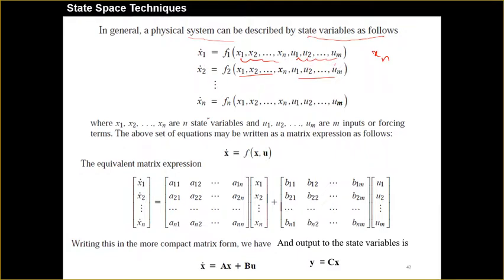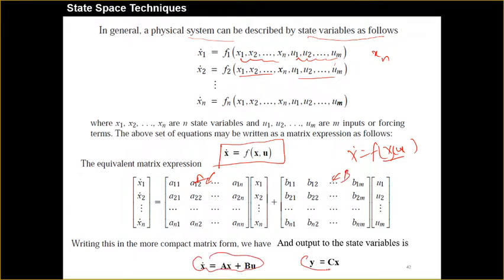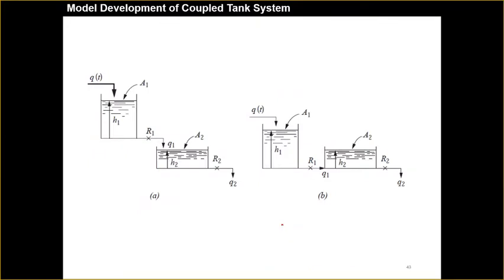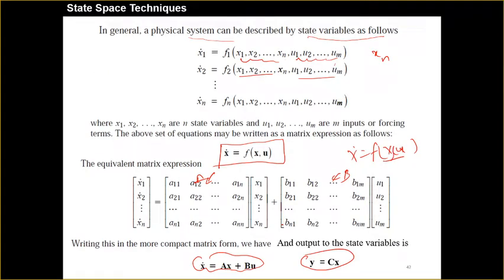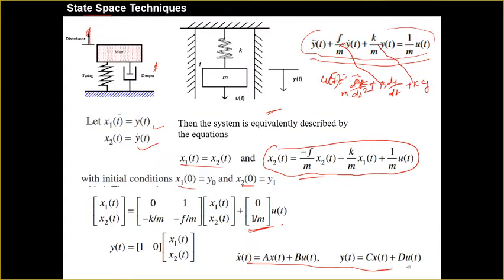So we have written the equation like this. The general equation you can write is x dot equals f(x). You know very well because we have already covered these things in the modern control system, right? So we can write the equation in matrix form. This is the A matrix, this is the B matrix, so x dot equals Ax plus Bu, y equals Cx. Okay. So these are some representations of the dynamical system, right?